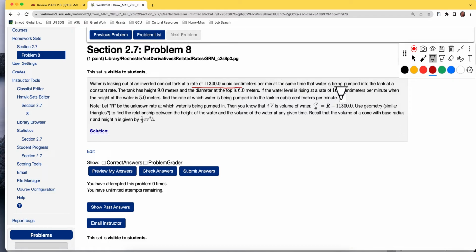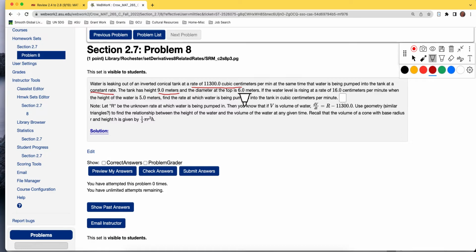Then at the same time, water is being pumped into the tank at a constant rate. Water is leaking out an inverted conical tank, that rate, and then there's some constant rate that water is being pumped in. Hopefully this is also a constant rate. The tank has a height of 9 meters, so that's important.